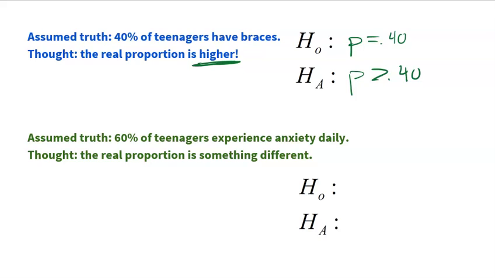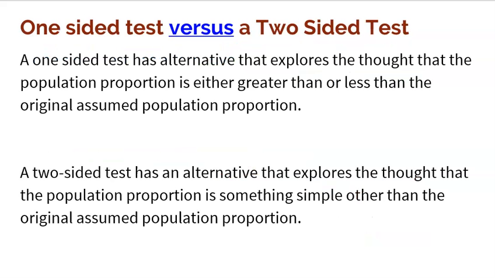In this next example, I read that 60% of teenagers experience daily anxiety, so that means the true proportion is 60%. I have to assume it's true. The alternative is what I'm wondering, if it's something different. Now remember, different simply means not equal to 60%. Higher, lower, who cares?